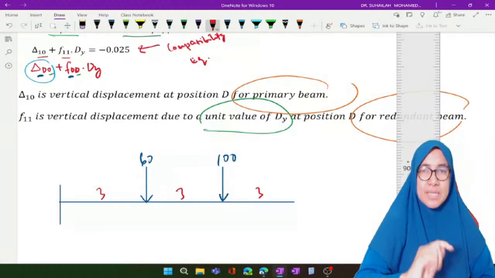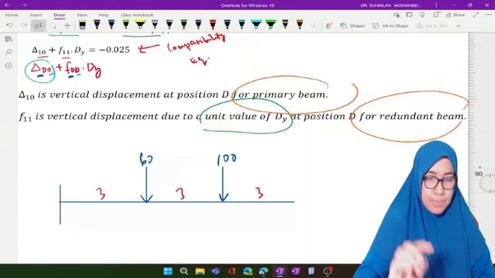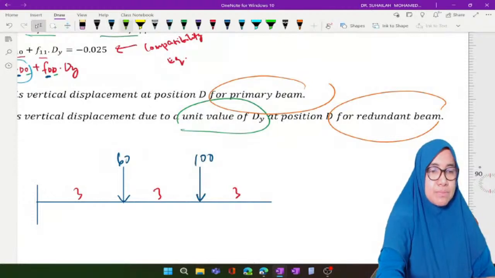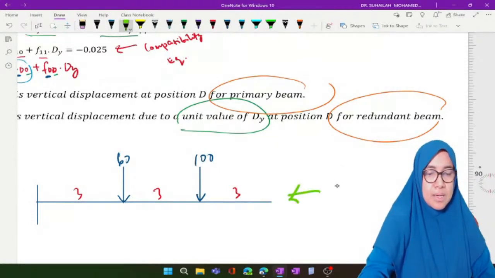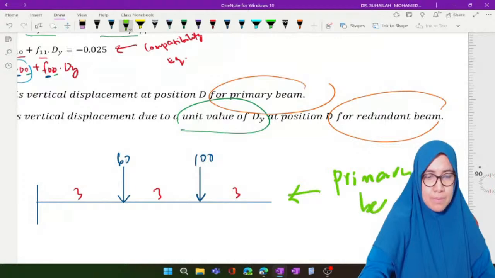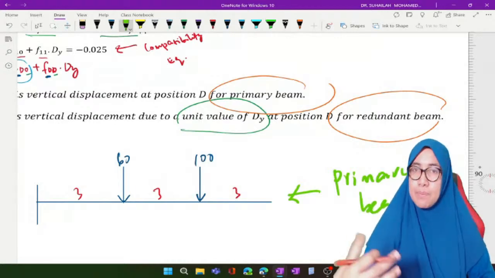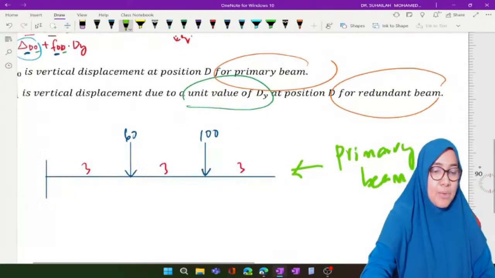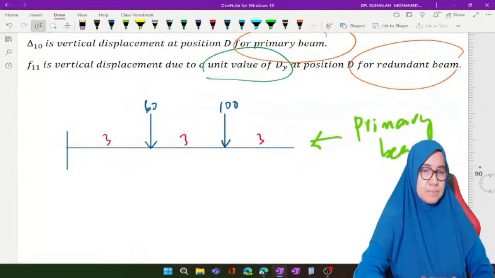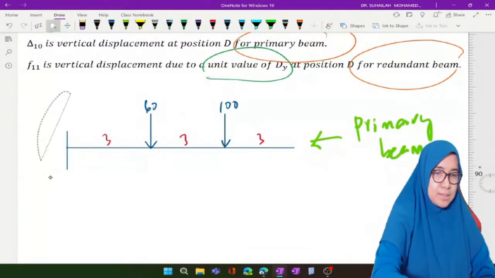Okay, so this is the primary beam. And we have another one, the same type of beam.